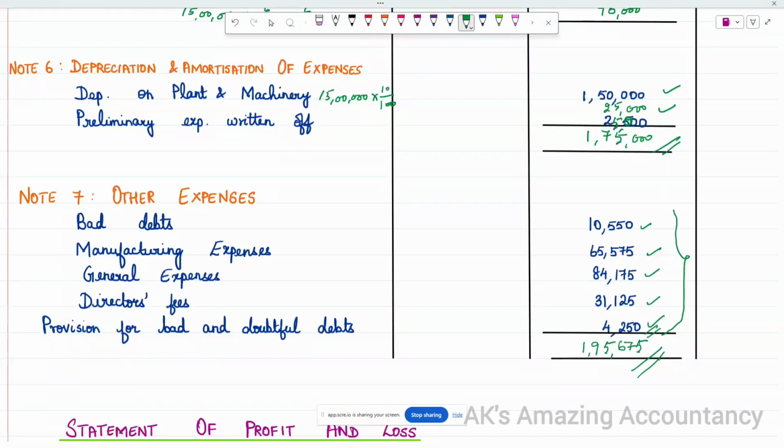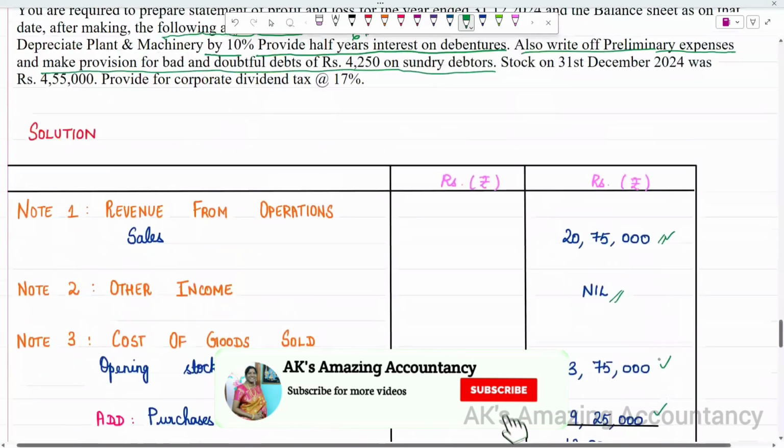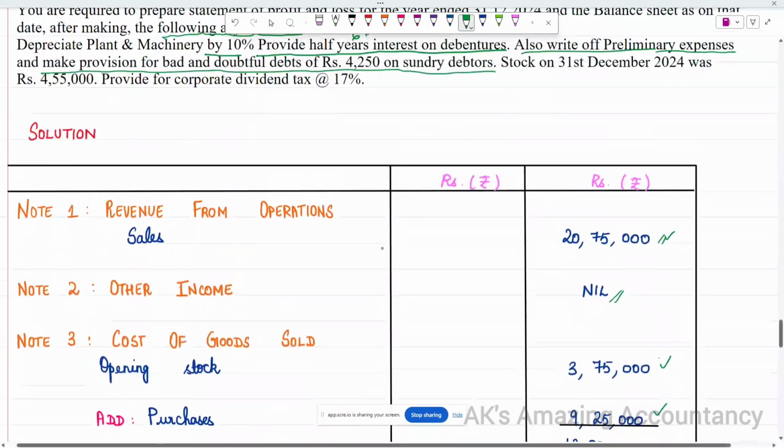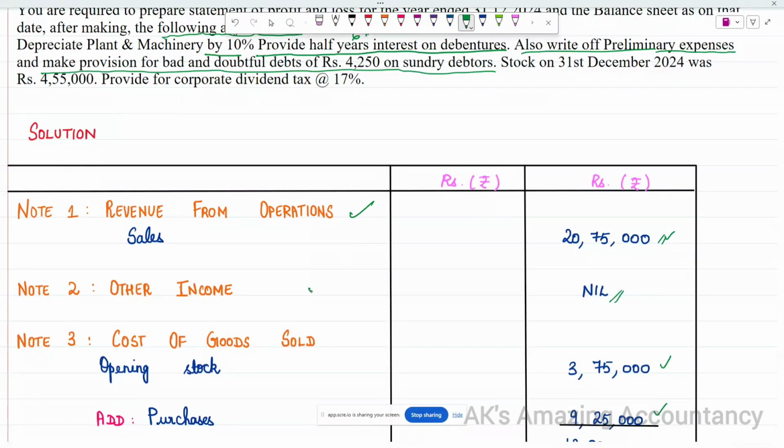So we have prepared 7 notes starting from note 1 to note 7, where I already told you note 1 and 2 will relate to income. Okay, and starting from note 3 to note 7 will relate to expenses.